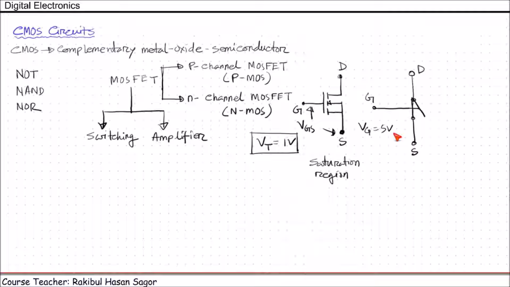Now let us consider another condition when Vg or VGS is equal to 0 volt. When this gate voltage is 0 volt, that means this voltage is less than the threshold voltage of 1 volt, much less than this threshold voltage. We can have gate voltage 0 volt or minus 1 volt or minus 2 volt. So when the gate voltage is much less than the threshold voltage, then it will reach the cutoff region.